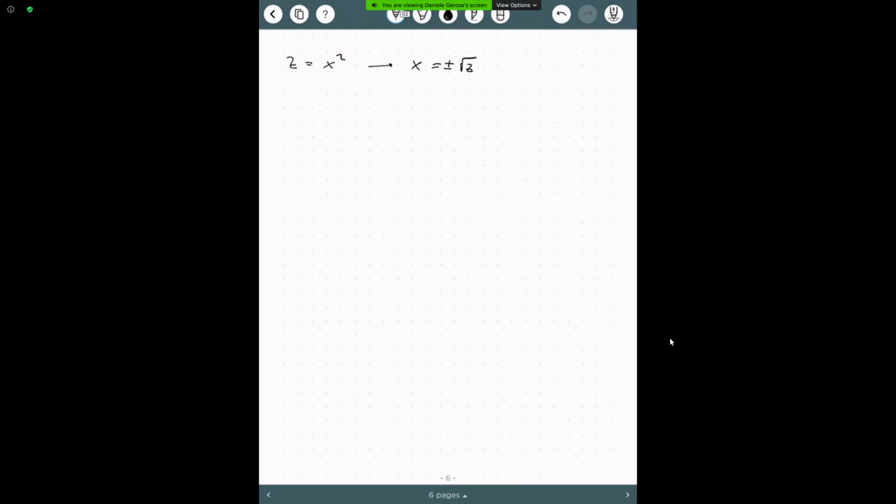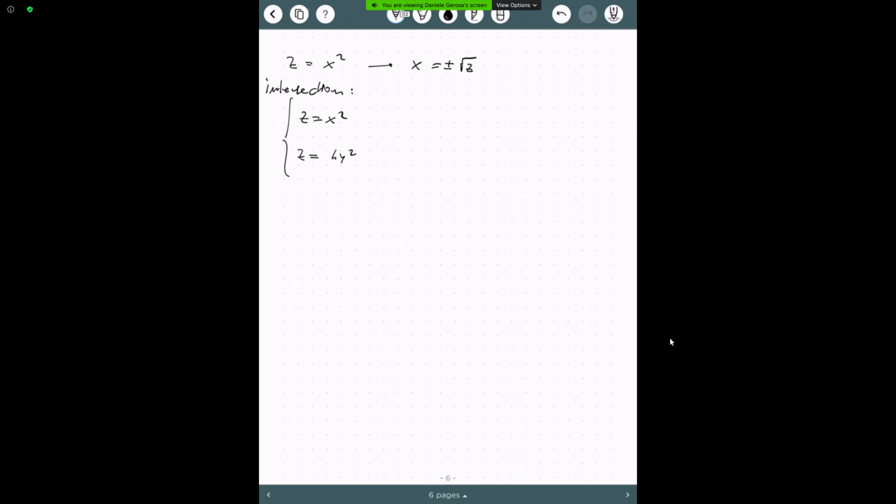Okay, so the intersection between the two cylinders is nothing but just solving these equations. And what do we get?